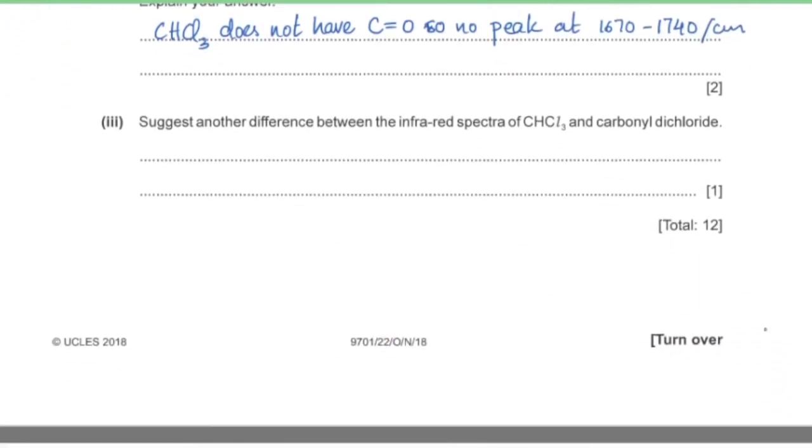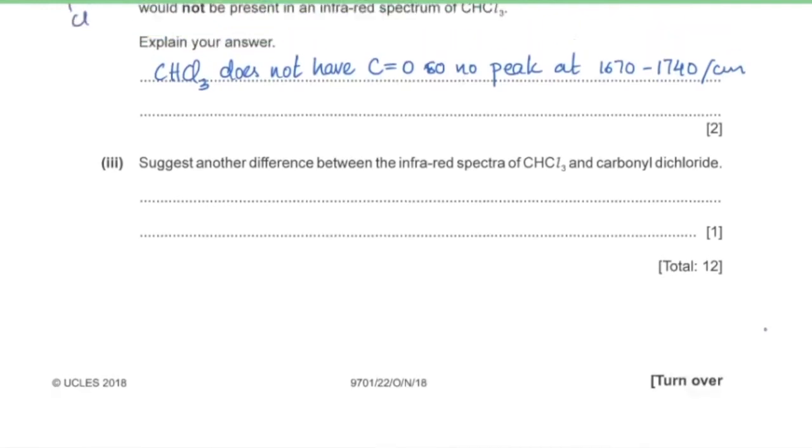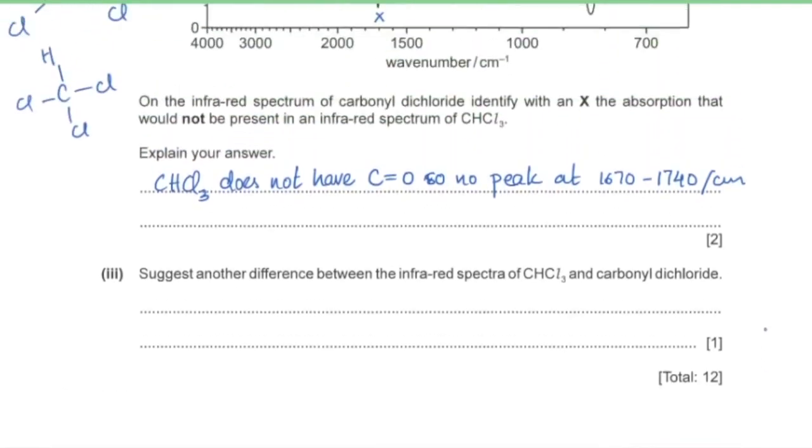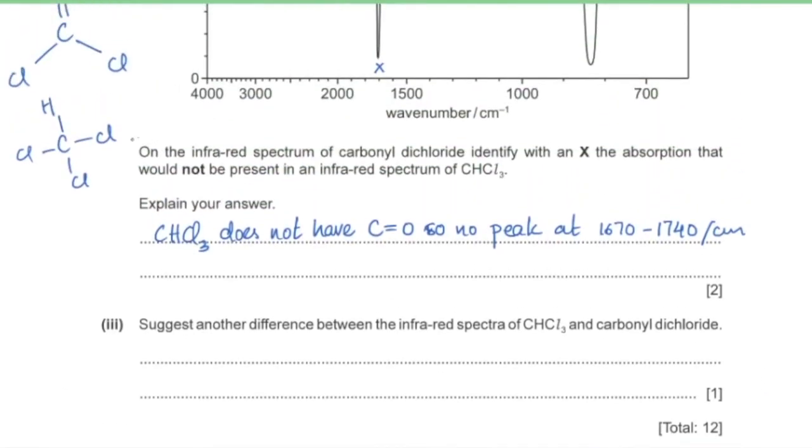Part 3, suggest another difference between the infrared spectra of CHCl3 and carbonyl dichloride. Again, carbonyl dichloride is C=O double bond and then Cl, while CHCl3 has CH and 3 Cls. CHCl3 will be having a strong peak due to the C-H single bond at 2850 to 2950 per centimeters, which COCl2 won't be having.